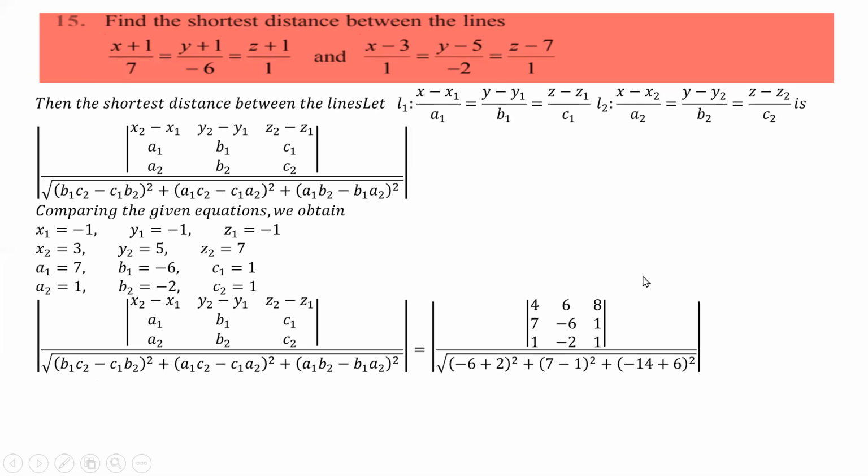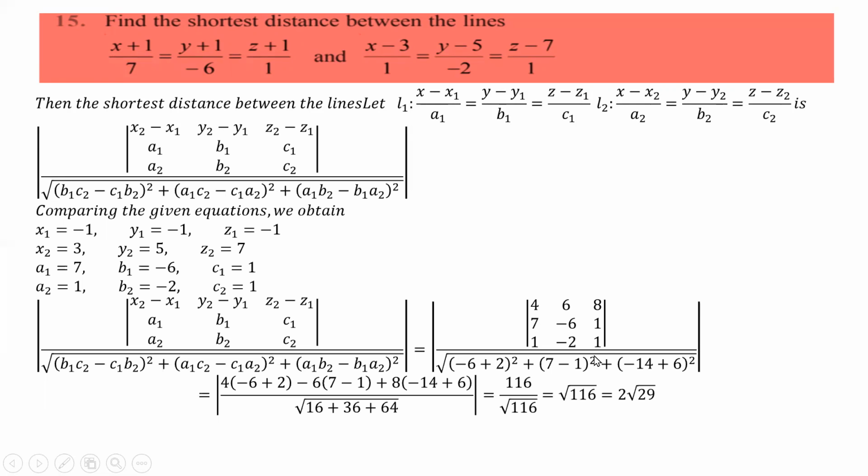The determinant value, just expand the determinant, is 116 and the numerator is under root 116. The root of 116 is 2 root 29. So hence the shortest distance between the given two lines is 2 root 29.